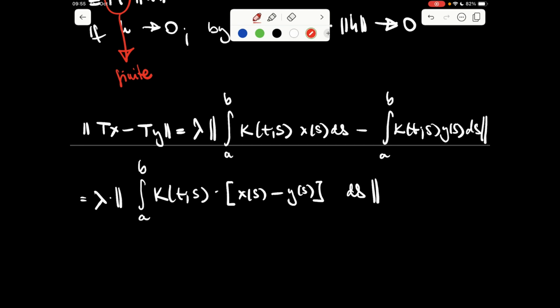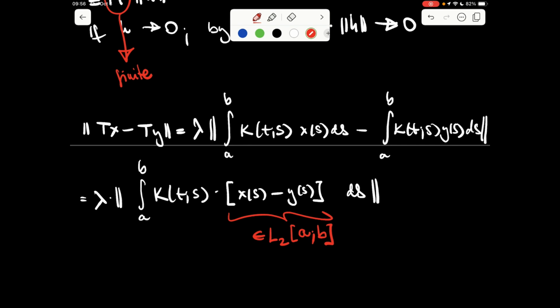Please note that this function must belong to L2 because the space L2 is a Banach space, so it is closed with respect to linear combinations. So this function is in L2.